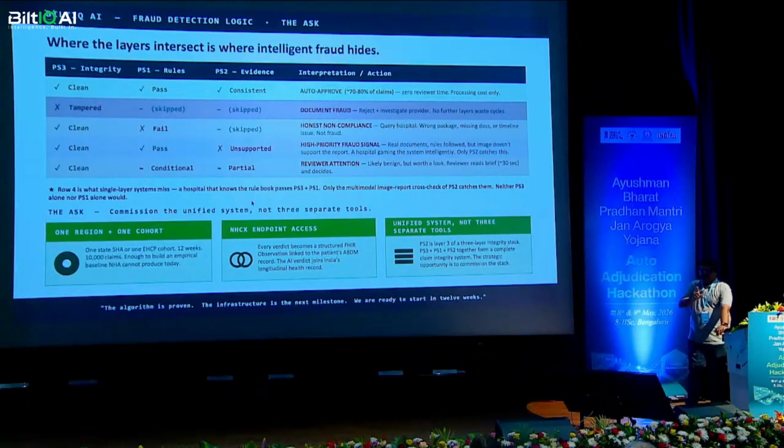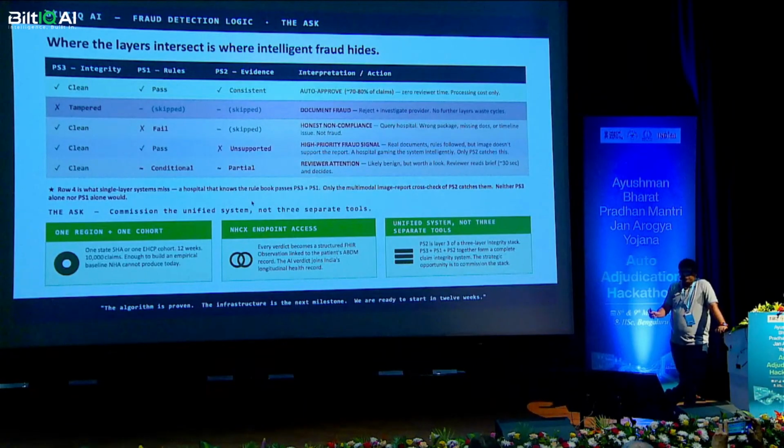If the first step finds a tampered document, we don't need to directly label it as document fraud. Again, if clean, PS2 can be skipped, and for honest non-compliance we query the hospital about the messaging, whether it's a wrong package or whether the report is not there.